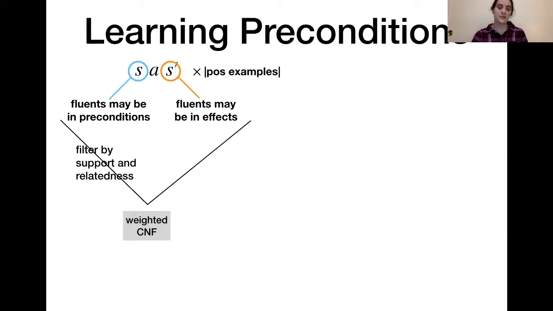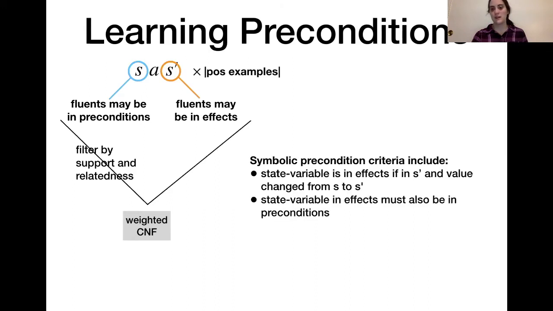Once we've filtered the fluents, we create a weighted CNF, which enforces that some of the fluents in S are preconditions and some fluents in S prime are effects, and also that a state variable in S prime can only be in the effects if its value changed from S to S prime.